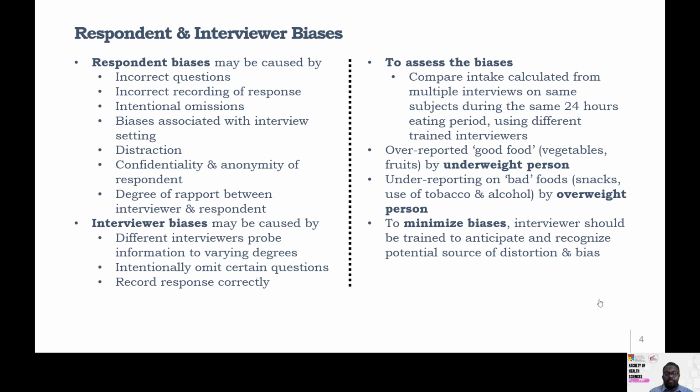So to minimize biases, interviewers should be trained to anticipate and recognize potential sources of distortion and biases. Class, which method do you think respondent and interviewer biases might arise from? You can comment on the chat box.